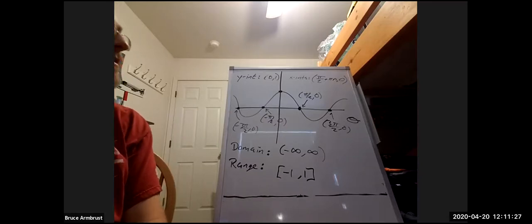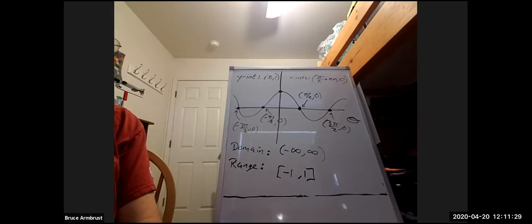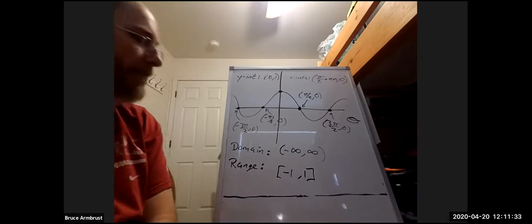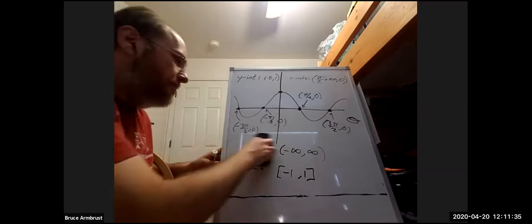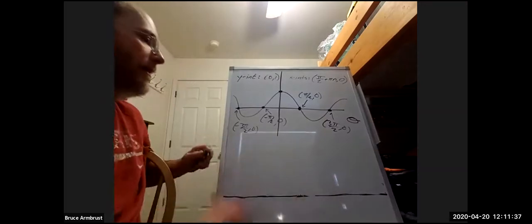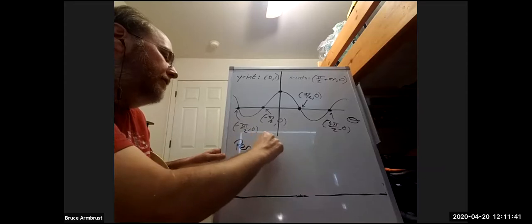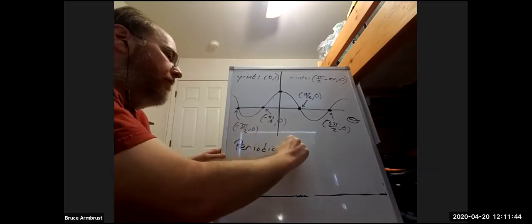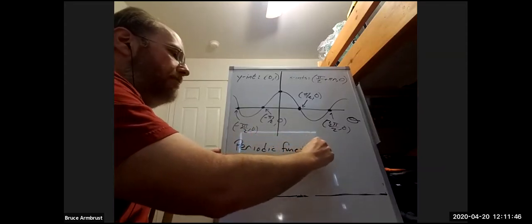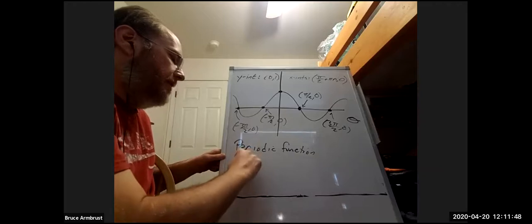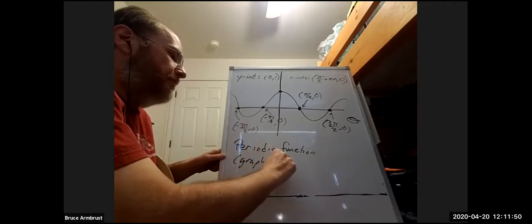It's the fact that this graph repeats. So when you have a graph that repeats, we call it periodic. So cosine is what we call a periodic function. All that means again is that the graph repeats.